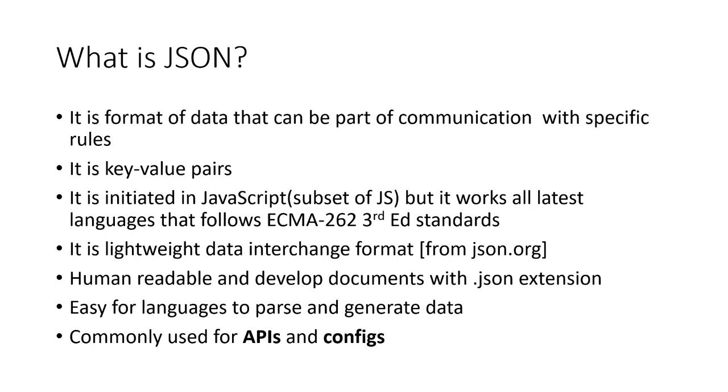Here we have ECMA 262, third edition, a standard that described how a language can be built. So Python, or any latest programming language like Go, if you look at Kubernetes or Docker, they are all built with the Go language.